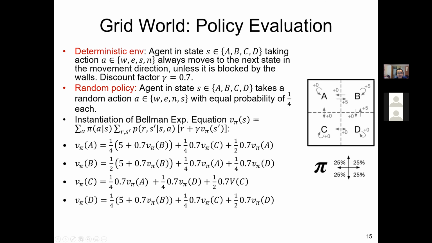So from state A, there are 4 possible actions. If it goes east, it gets a reward of +5 and goes into state B. So its equation, R plus gamma V pi of S prime, is 5 plus 0.7, the discount factor, times V pi of B. And that's with 1/4 probability.